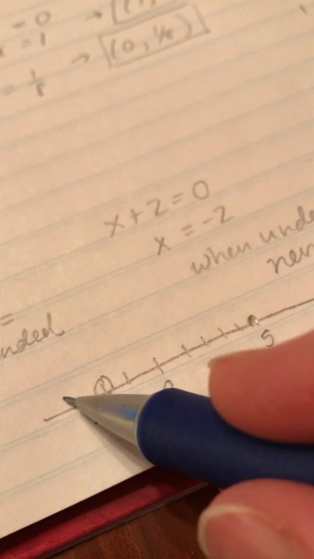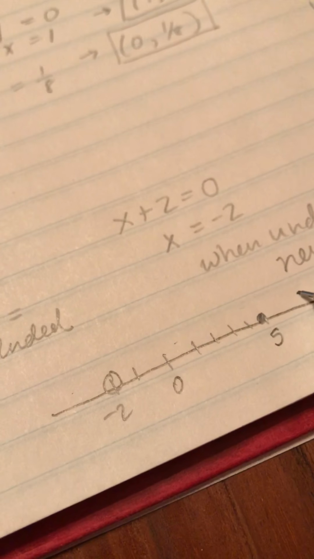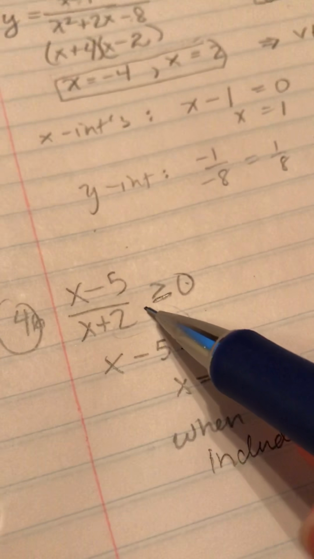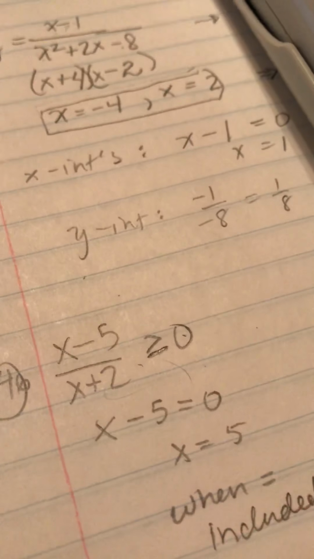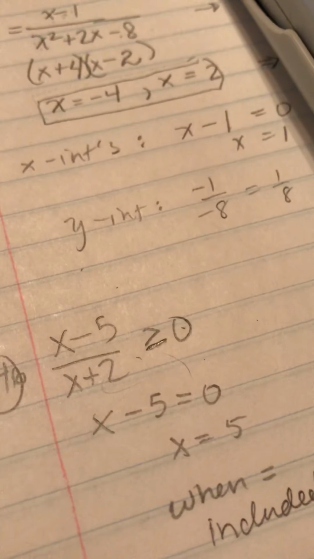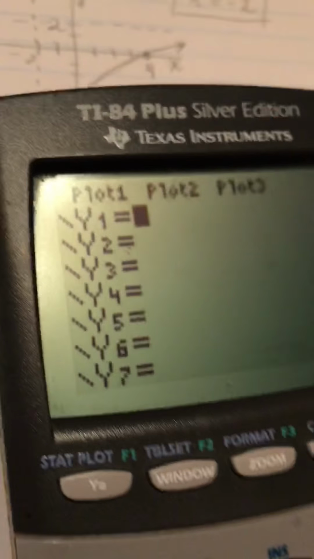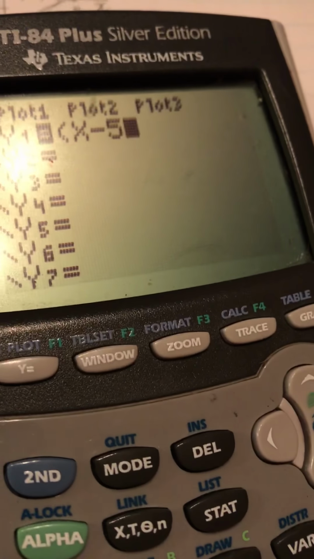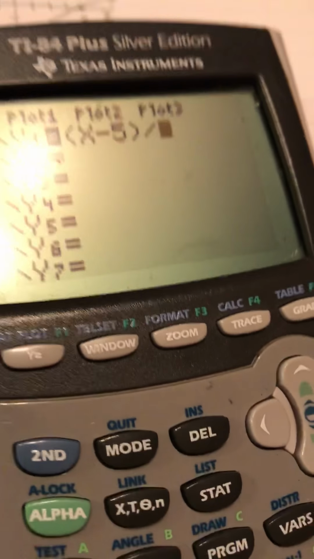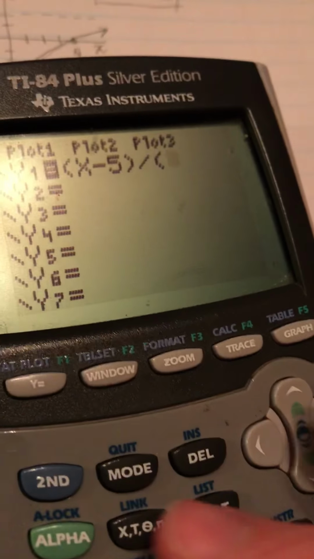And then you want to see which of these three intervals make this inequality true. You can either just pick a number in each interval and test it to see if it's true or false, or you can have your calculator test it. So that's where you type in the inequality, parentheses x minus 5 over parentheses x plus 2.